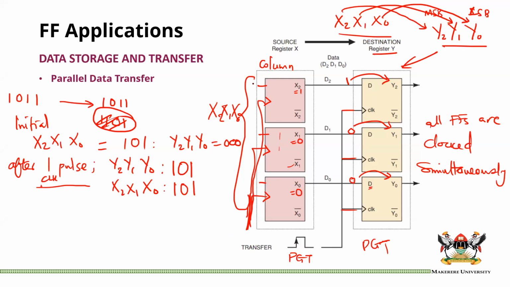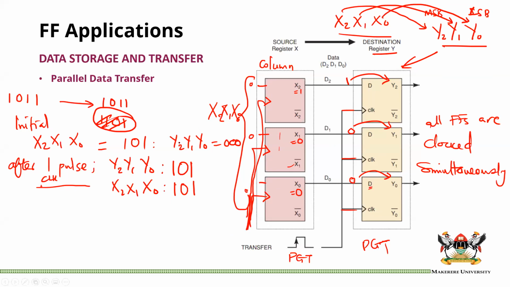So imagine this is 0, 0, and 0, and you have also a clock. But if you don't clock these flip-flops, the information in them will stay. But a copy of it can be transferred by connecting these to the outputs. Okay, so that is the explanation.